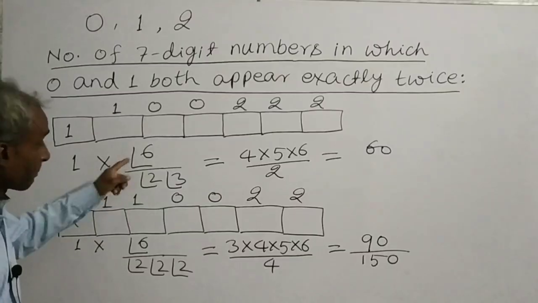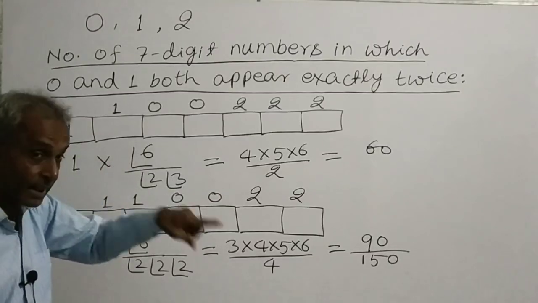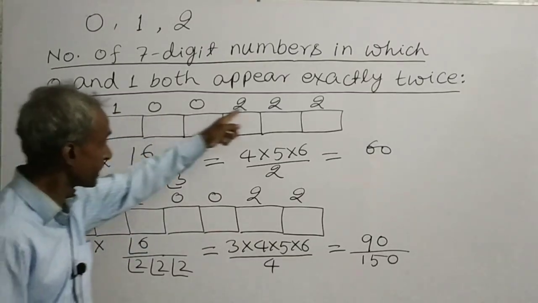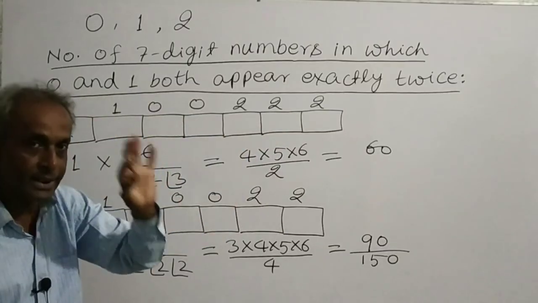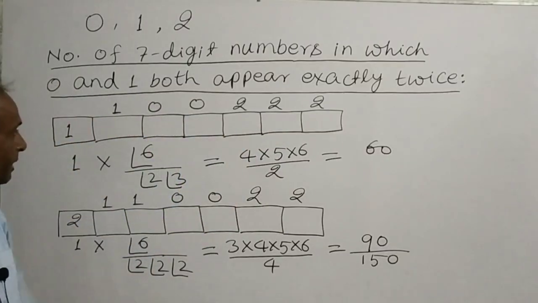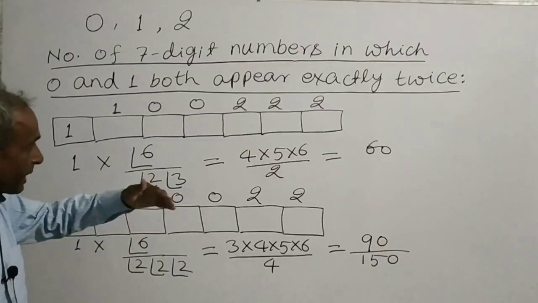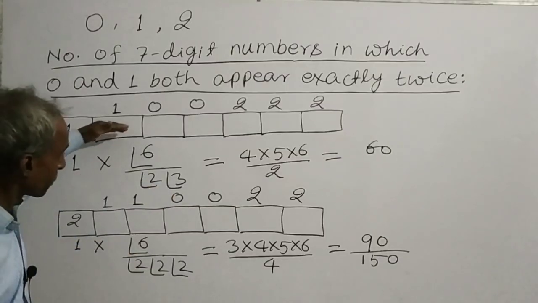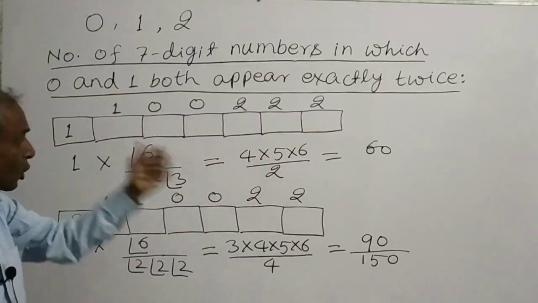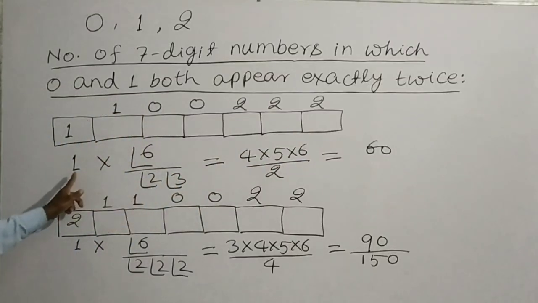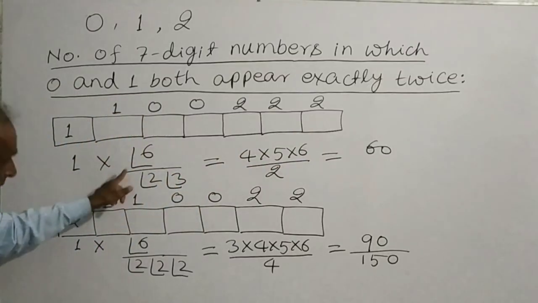This is the number of ways to arrange these 6 things in which some are identical. Any one arrangement can be put in these 6 vacant places. Therefore, the number of such numbers will be 1 times this.